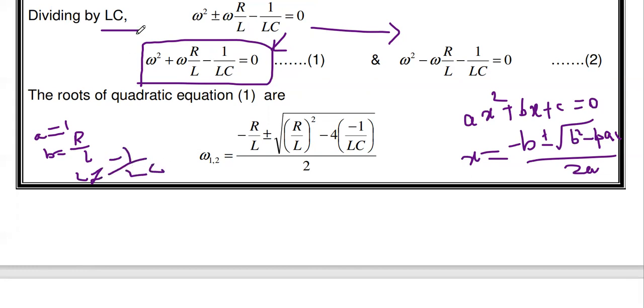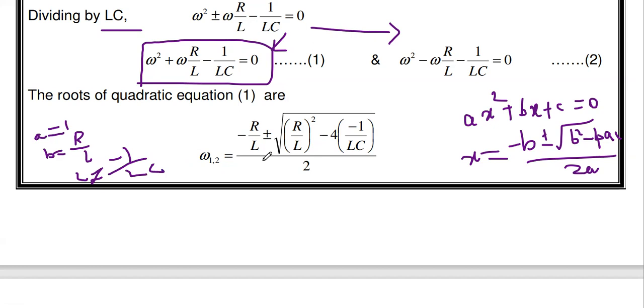Okay. So the roots of this first equation, we will get two roots, omega 1 comma omega 2, which is equal to minus b. Which one is b? R by L. So minus b plus or minus square root of b squared, so R by L the whole square, minus 4, a is 1, c is minus 1 by LC, divided by 2a.